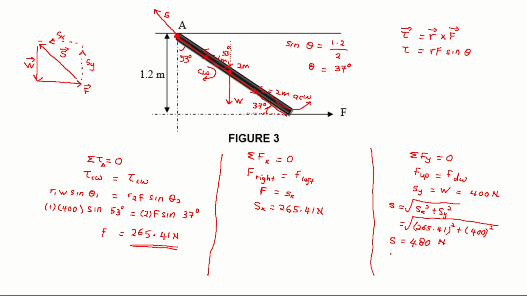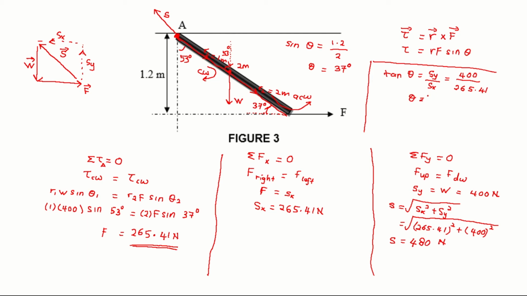For direction, we use tangent. Tangent theta equals y-axis over x-axis, so y equals 400 and x equals 265.41.